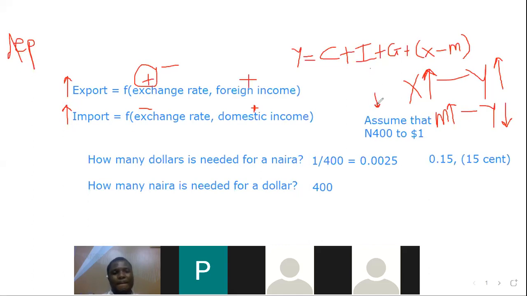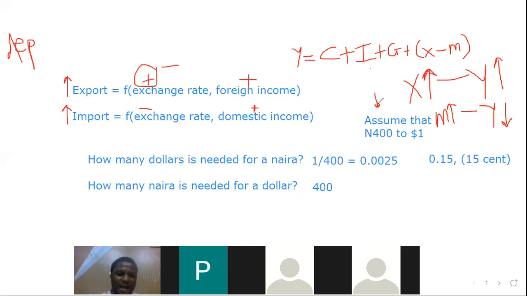All right. So what does that tell you? It means they both have opposing effects on the economy. When you increase exchange rates, what happens to export? Export will increase. Okay. And in that case, import declines.